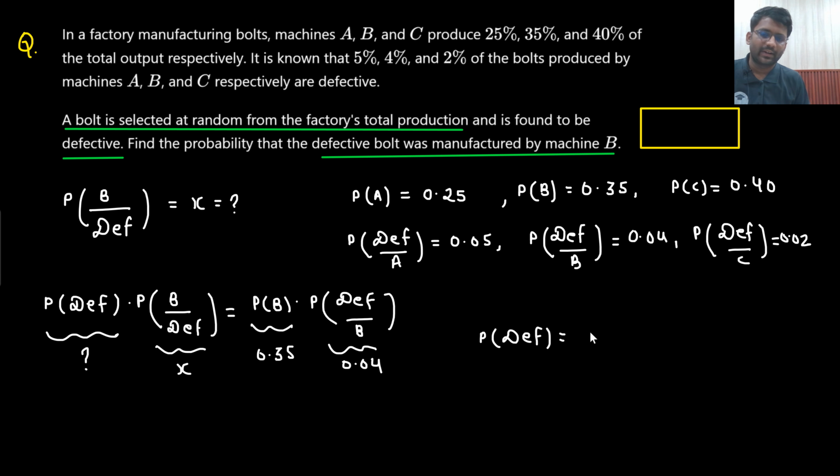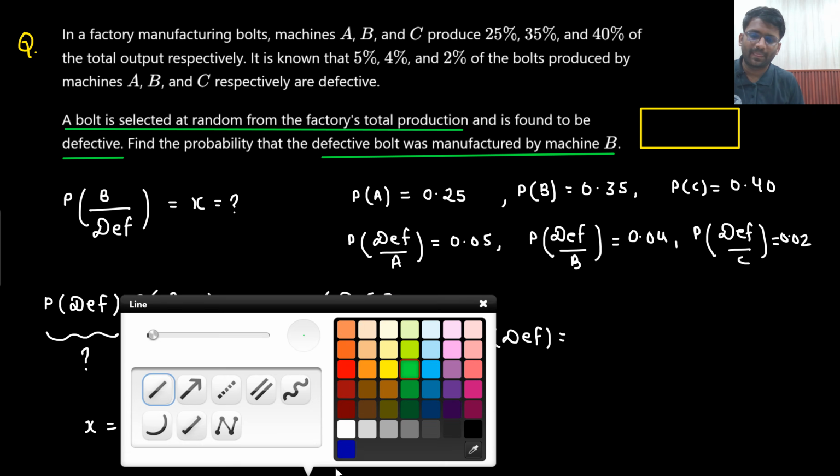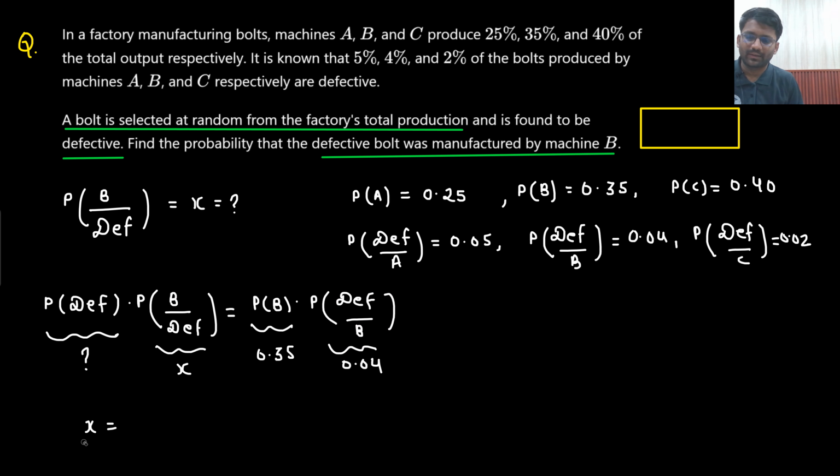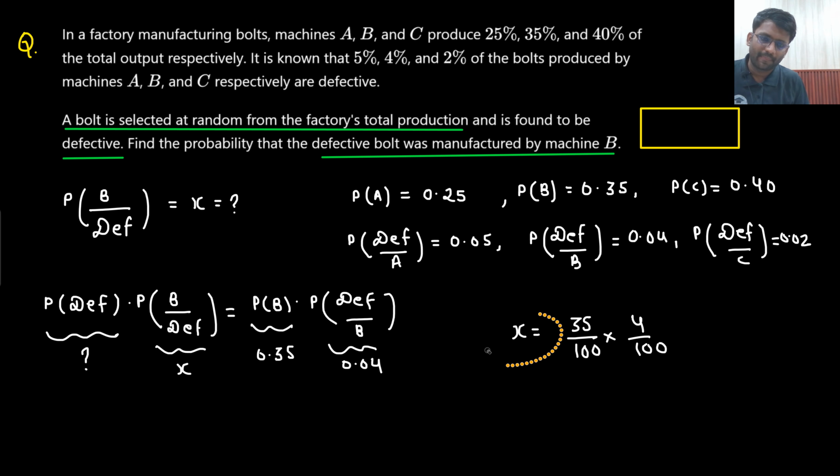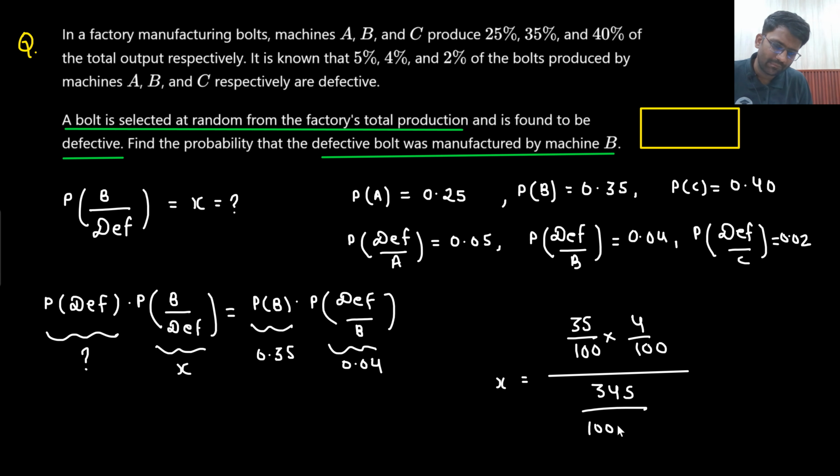Okay, so what answer will we be getting? x would be equal to 35 by 100 into 4 by 100, divided by 345 by 100 into 100.